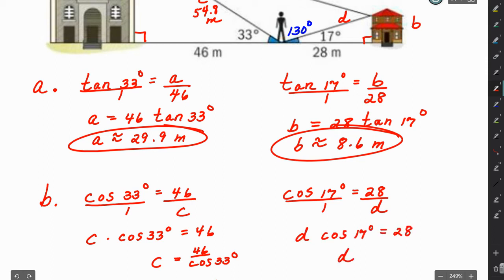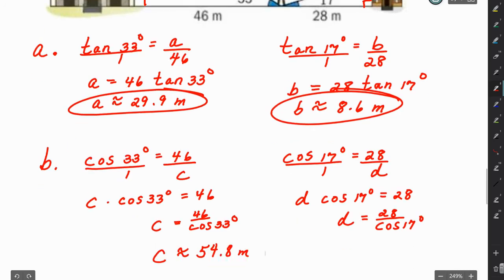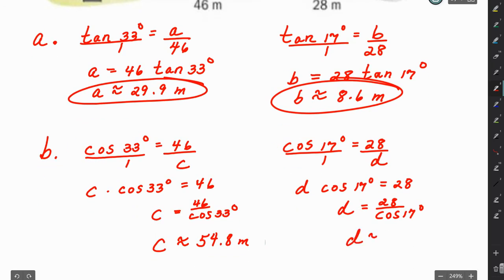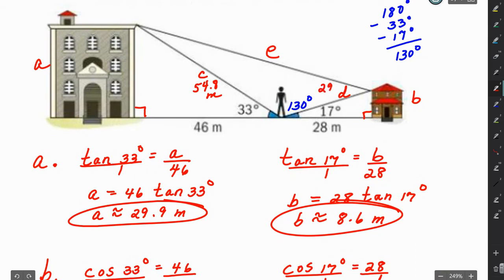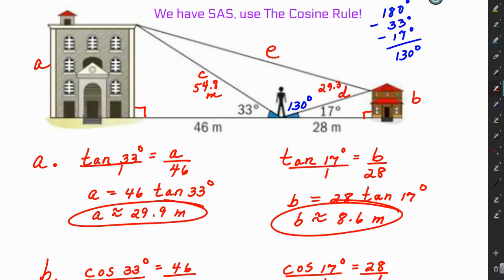Solve for D. Divide both sides by the cosine of 17. If we put that in our calculator, we're going to get D is approximately 29.3 meters. All right, let's fill that in. 29.3. All right, now I have enough information that I could use my cosine rule.